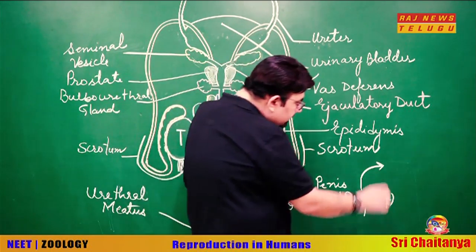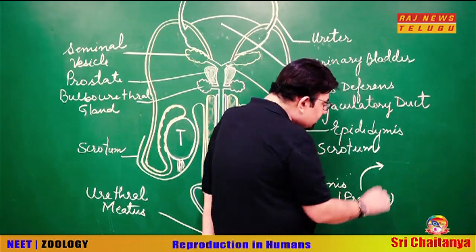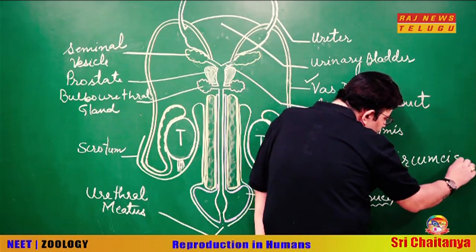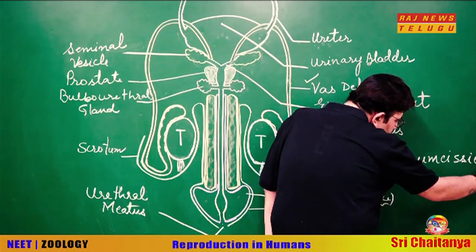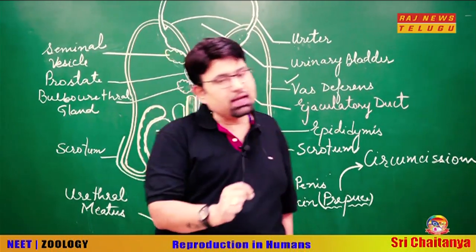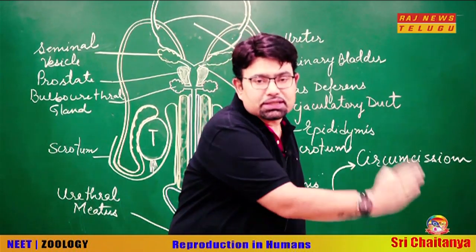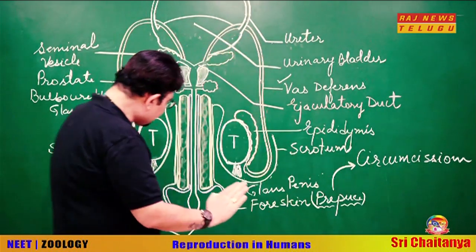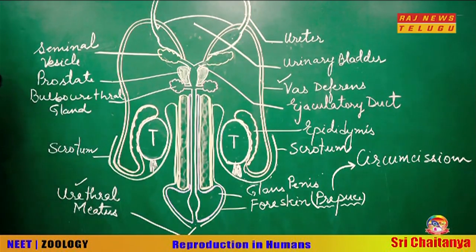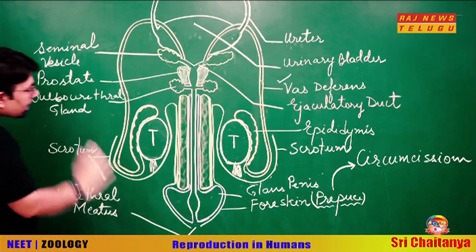Dear student, this prepuce can be cut surgically, and that surgery is known as circumcision. And circumcision is also done as a religious ritual in certain communities. Well, coming back, you recall this is the urethral opening, the urethral meatus, the scrotum.